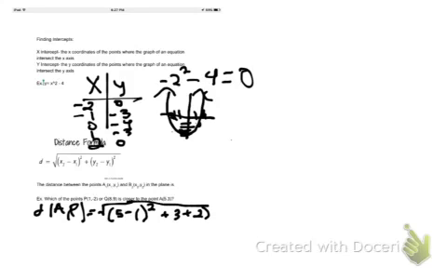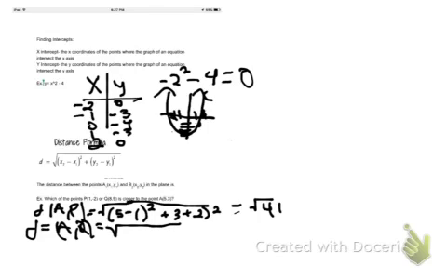That's going to be all square rooted. So then when you simplify it all, put it in your calculator, it's going to equal the square root of 41. So now we know the distance between A and P, so we're going to have to find the distance between A and Q, so we can know which one.